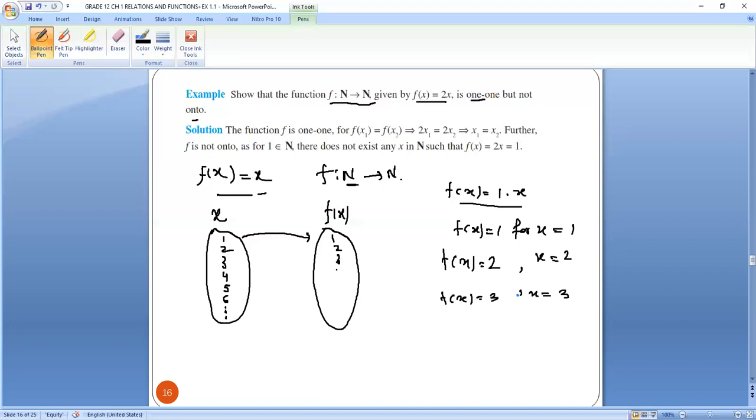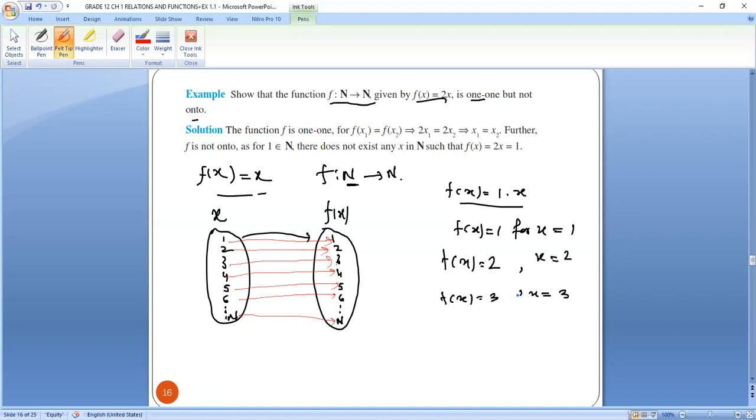If x is 4, f(x) is 4, and so on. If it is n, then f(x) will also be n, right? Then 1 is mapped with 1, 2 with 2, 3 with 3, 4 with 4, 5 with 5, 6 with 6, 7 with 7, 8 with 8, and so on, n with n, right?